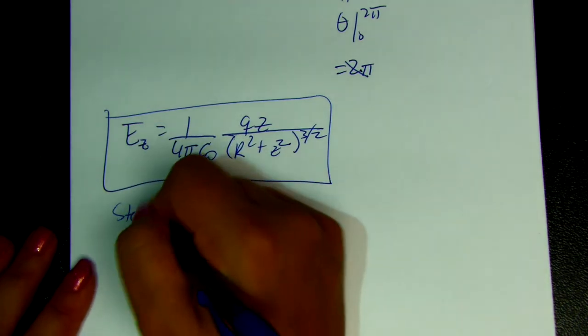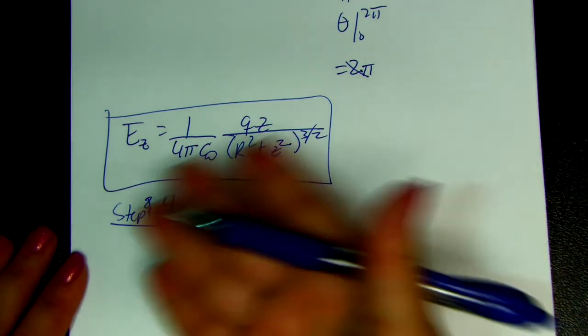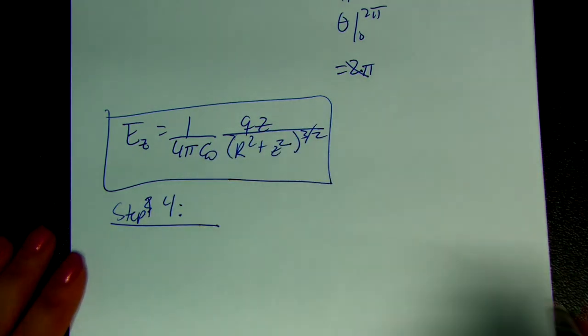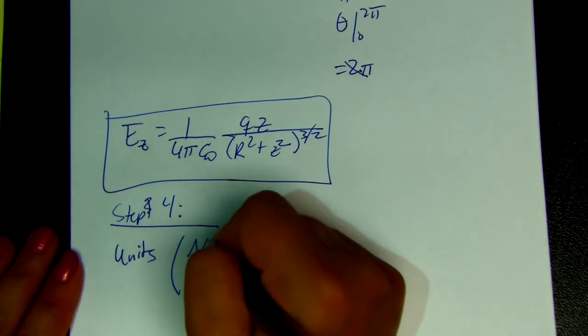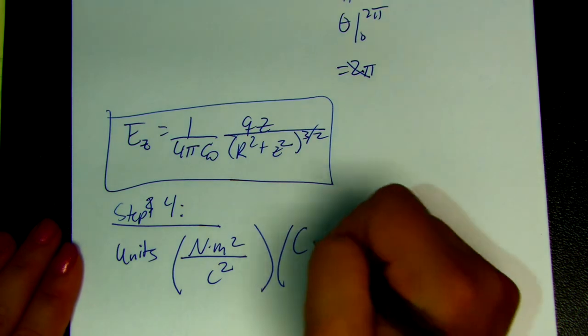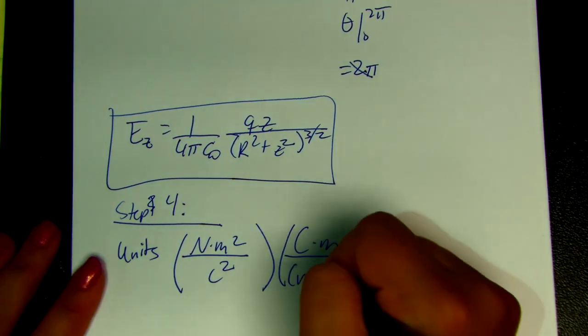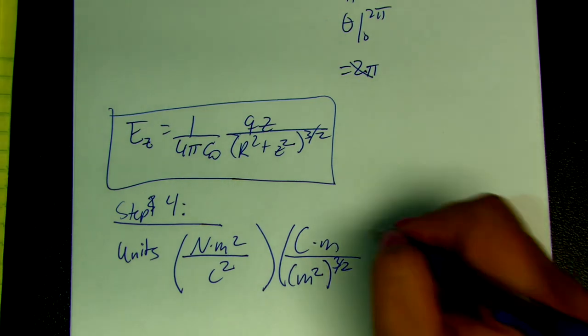So step 4, let's just check those units. Already we have just a z, which we predicted from our picture, and then the units, we would have Newton meters squared over Coulomb squared times Coulomb meters over meters squared to the power of 3/2.